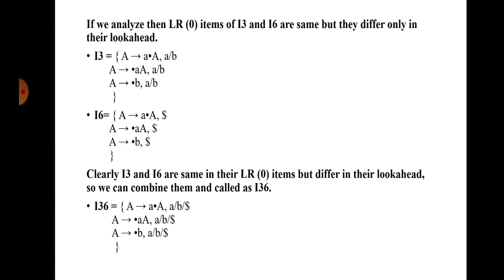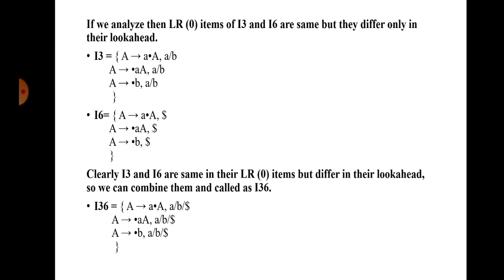After that we have to analyze the LR(0) items. I3 and I6 are the same, but they differ only in look ahead. We can easily combine item sets if they differ only in the look ahead symbol. Here I3 and I6 have three productions with the same dots, but they differ only in the look ahead symbol.